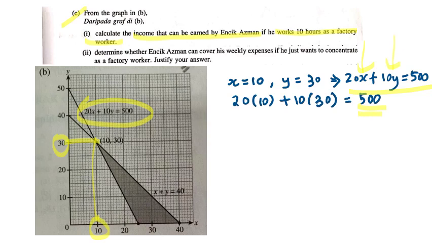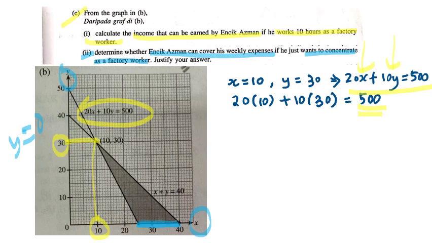For the next one, we have to determine whether Encik Azman can cover his weekly expenses or not if he just concentrates on being a factory worker. As a factory worker, your y will be 0, since he is not working as a delivery person. When y is 0, it is on the x-axis, so you can find the range of x.